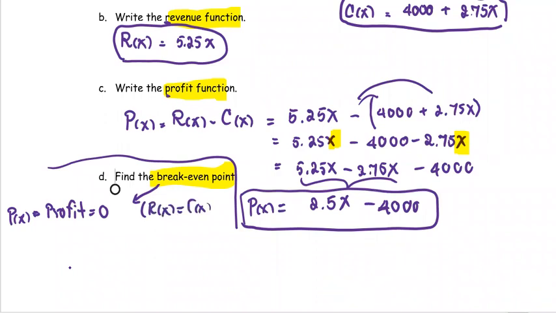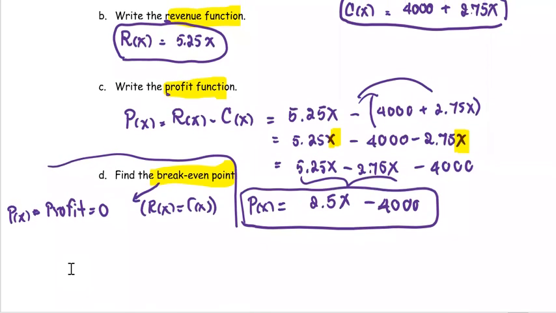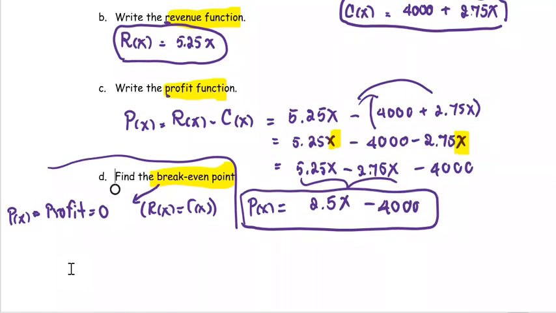Either way, depending on how you set up the problem, they all have the same meaning. To find x, the number of cases sold when the cost equals the revenue, you either use the profit function equals zero, or equate the revenue and the cost together. Up to you, it doesn't matter.